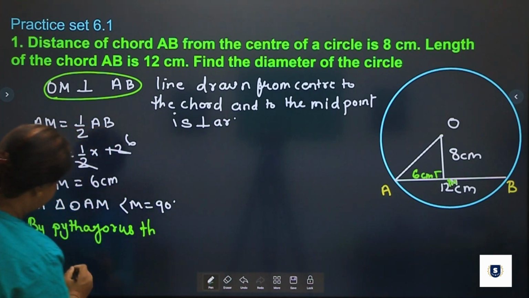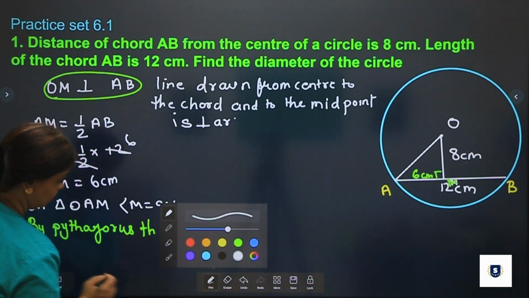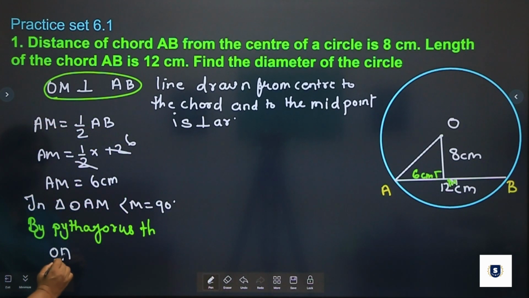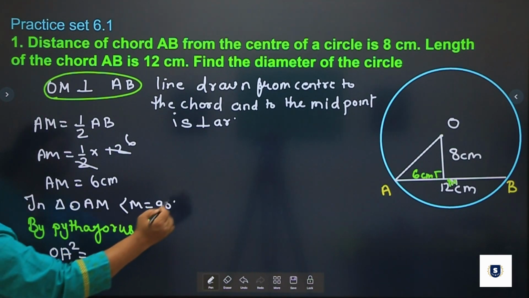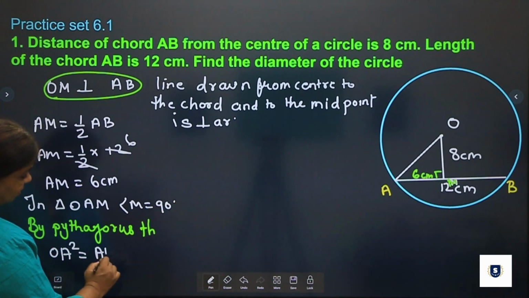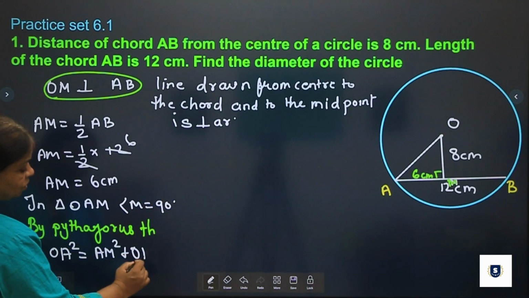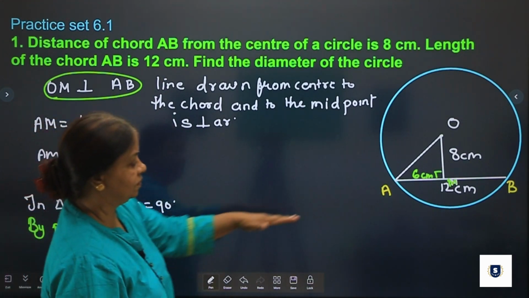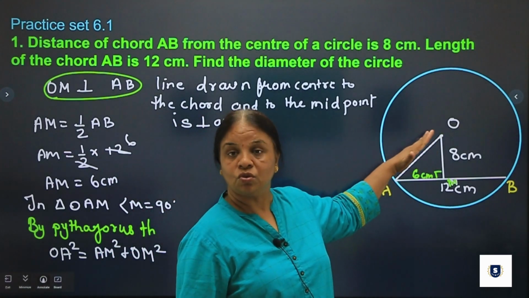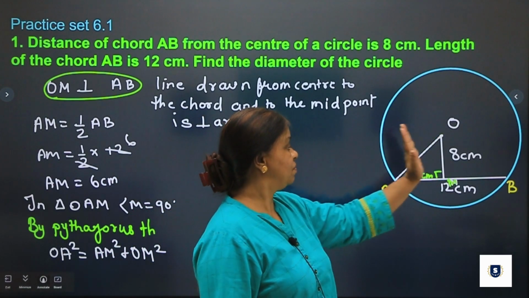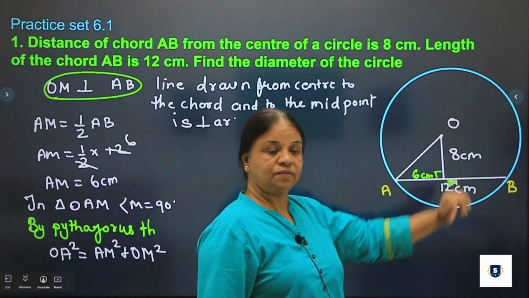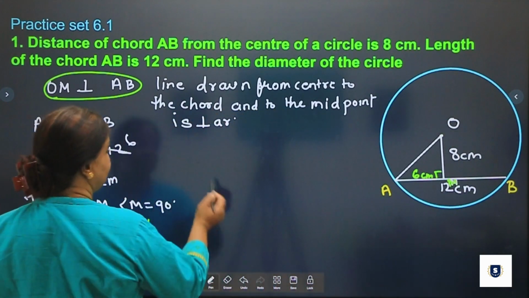OA square is equal to AM square plus OM square. See, this is the hypotenuse. So square of this will be equal to square of this plus square of this. Clear? So OA we want to find out.